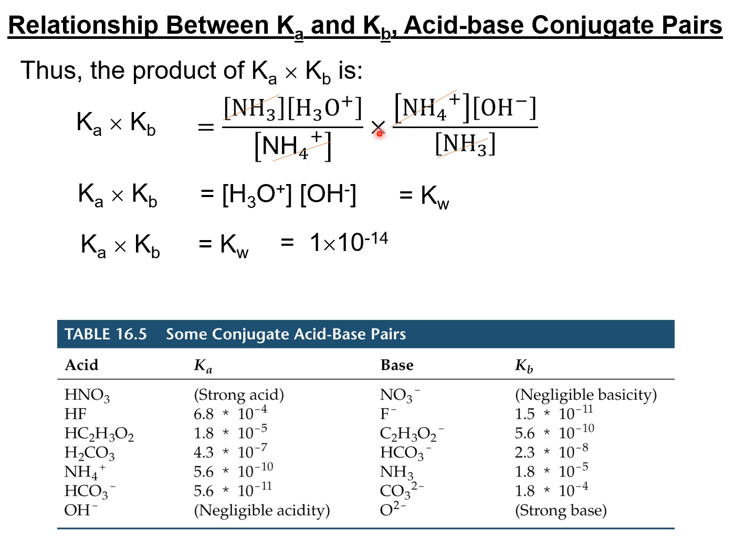Okay, and therefore what is left is only the concentration of H3O plus and the concentration of OH minus, where we know that the multiplication of the concentration of H3O plus and OH minus equals Kw, and then we can conclude here that the relationship between Ka and Kb is equal to Kw, and we know that Kw is the ionic water dissociation constant, and it has a fixed value which is 1 times 10 to the power of negative 14.